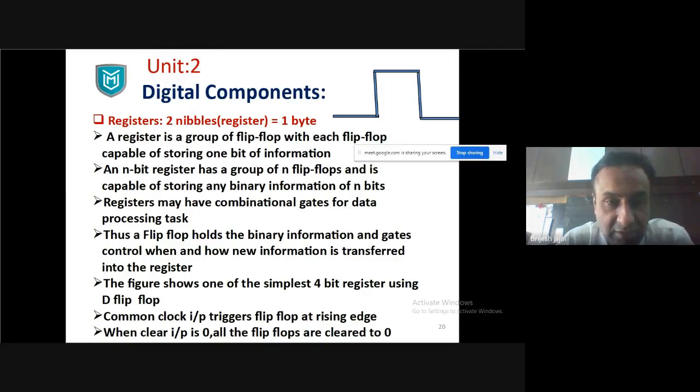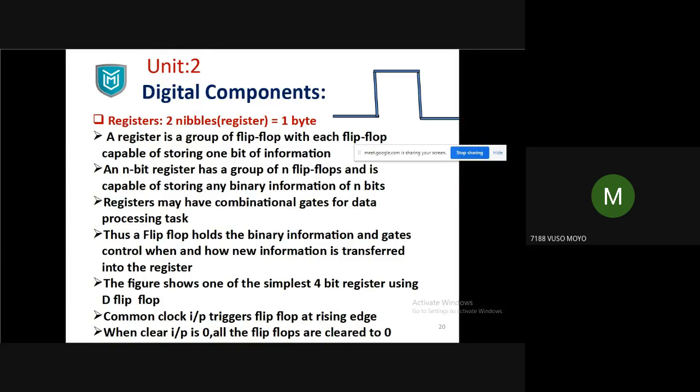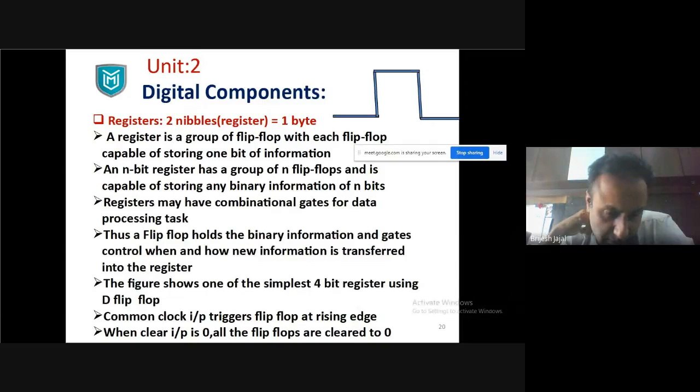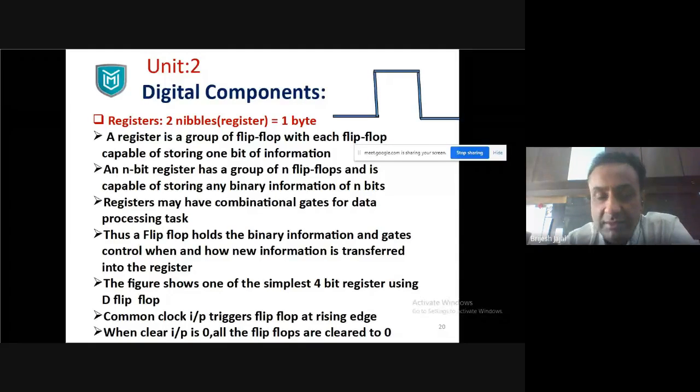Why? Reason? Because the register is made up of nibbles, not bits. No. See, a nibble is just a group of 4 bits. But it is 2 to the power n, I told you earlier also, right?